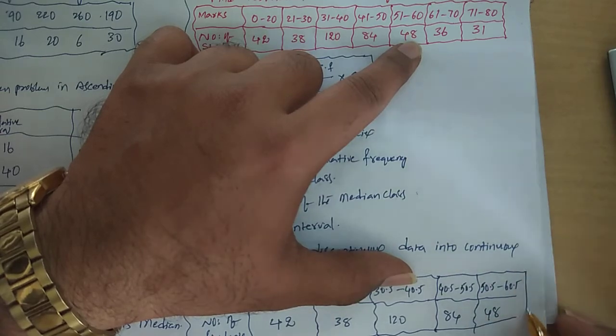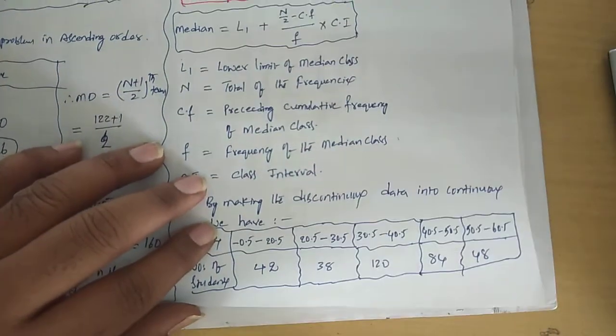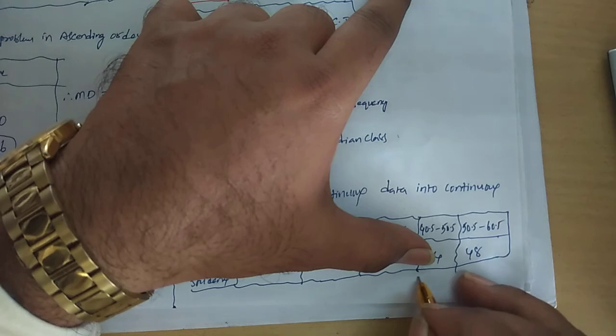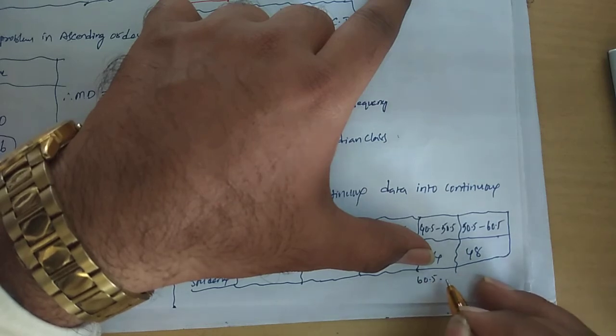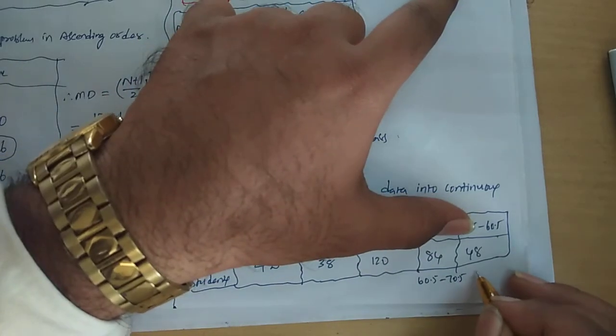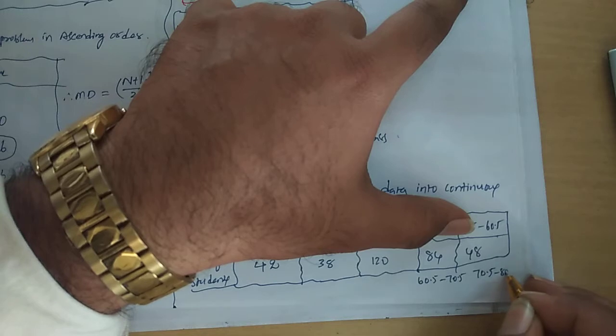Like this if you take, what are the last values you are going to get? The data 60.5, 70.5. Same way, 70.5 to 80.5.